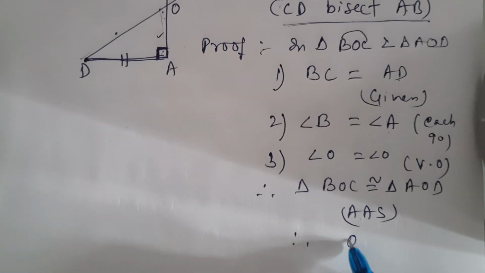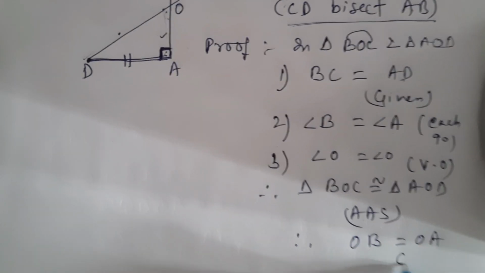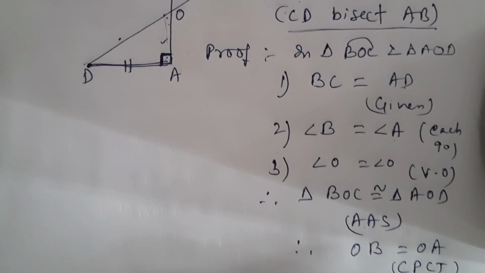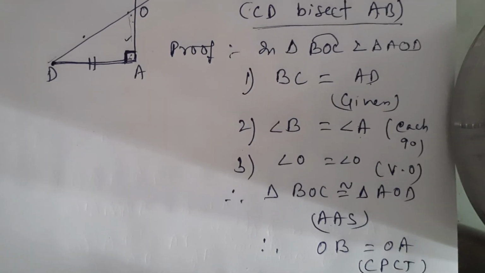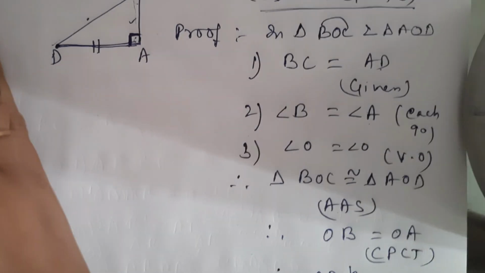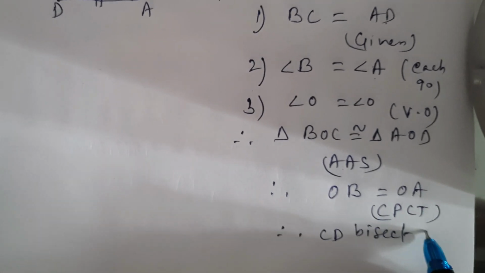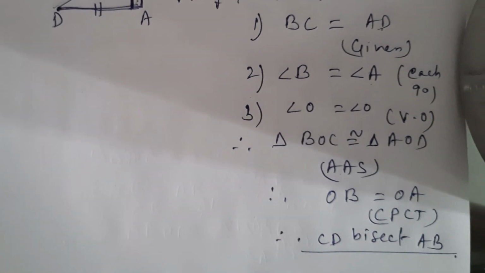Therefore, OB is equal to OA. So this is how we got it, by CPCT. As corresponding parts of congruent triangles are equal, therefore finally we can write CD bisects AB. So this was the final proof which we needed to prove.